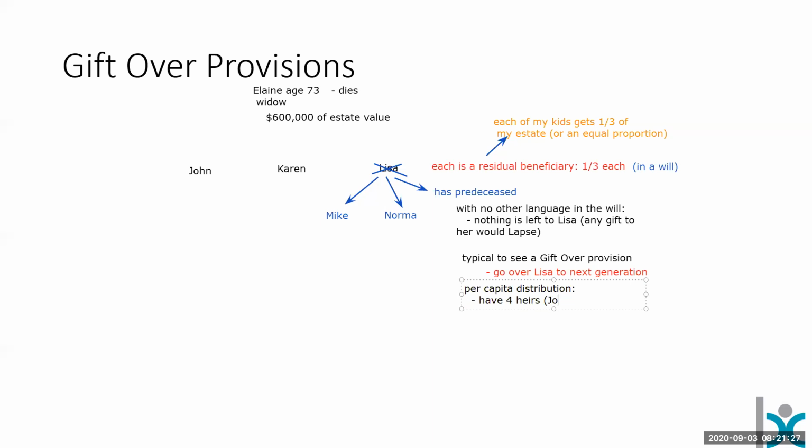We got John, Karen, Mike, and Norma. Each is going to get 1/4 of the estate. So they're going to get $150,000 each. Or my alternative here is we could have a per stirpes distribution.